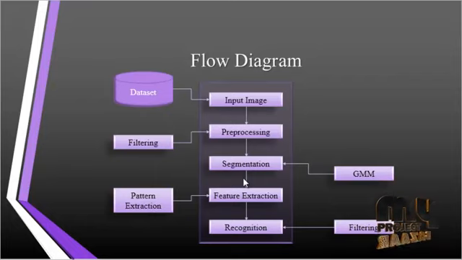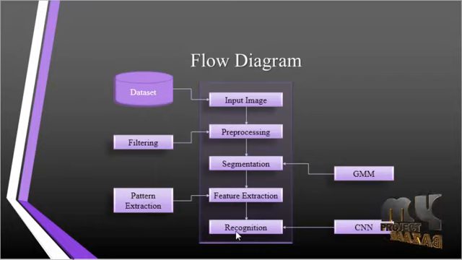In the feature extraction, the patterns present in the image are extracted by the pattern extraction algorithms. After extracting the patterns from the image, those patterns are saved as test features. After getting the test feature from the segmented image, the recognition will be carried out.